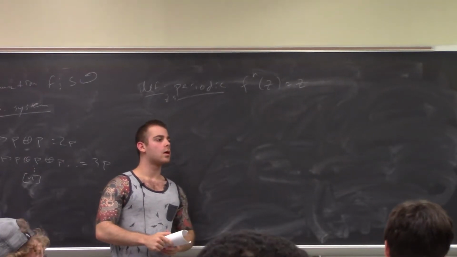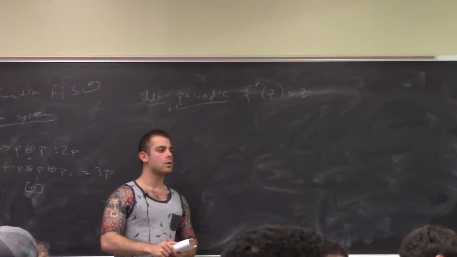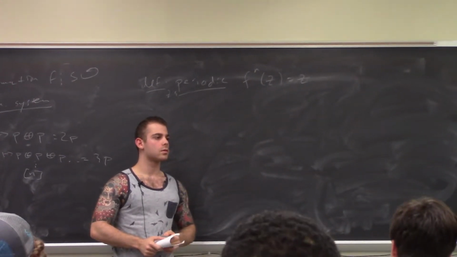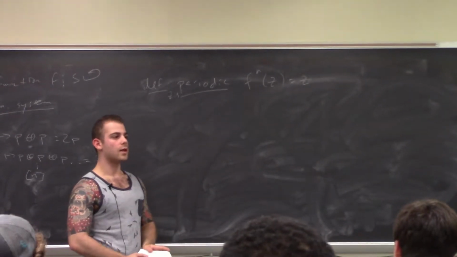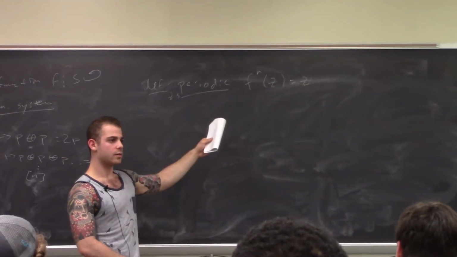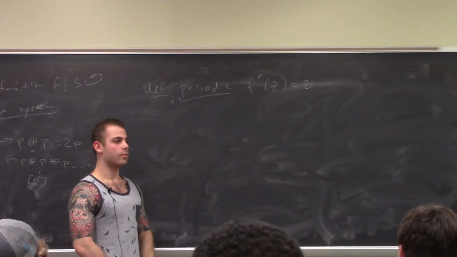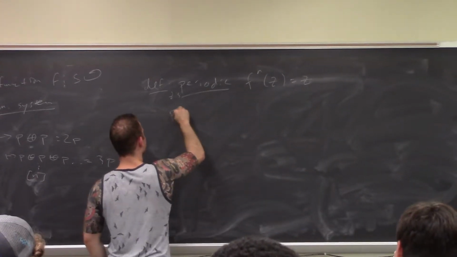What if it refers back to itself at decreasing frequencies? I don't know what that means. So say the 4th iteration, then the 20th iteration... You can't have that. Because if the 4th iteration brings it back to itself, then so will the 8th, and then so will the 12th. But there is a weaker notion of being periodic, which is preperiodic.